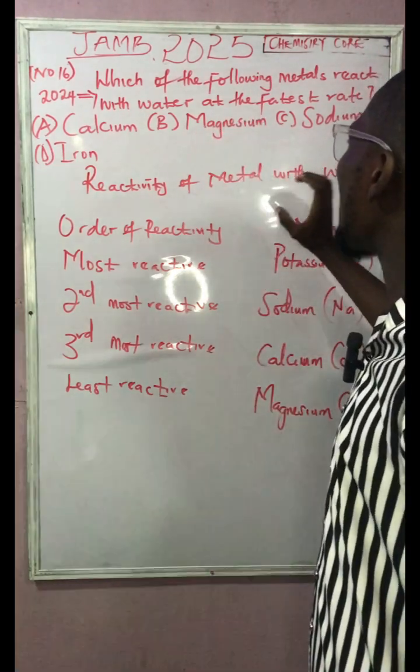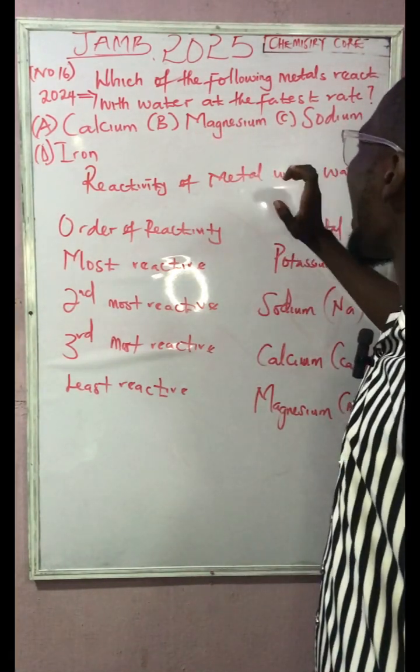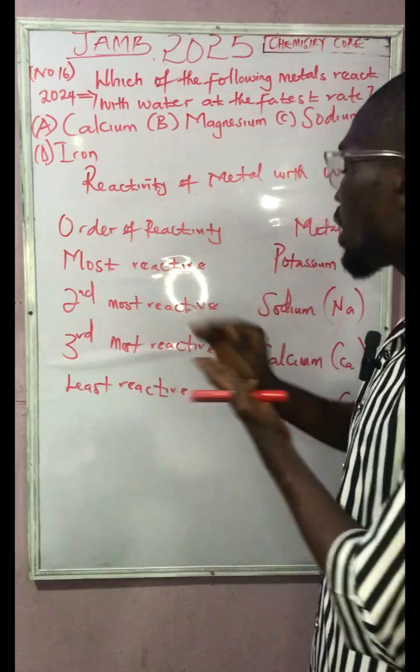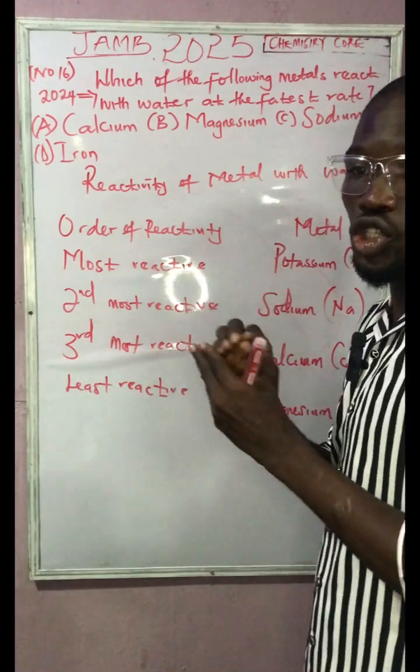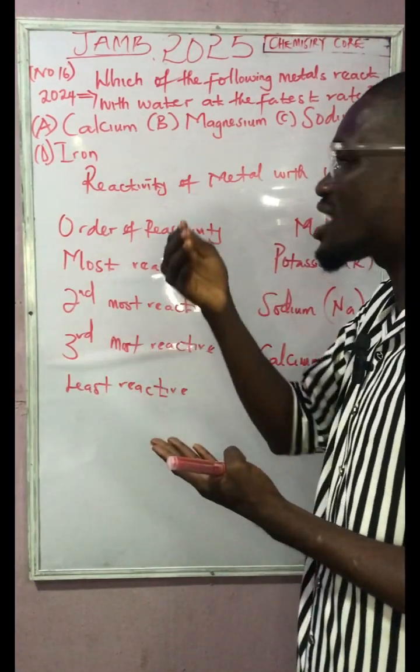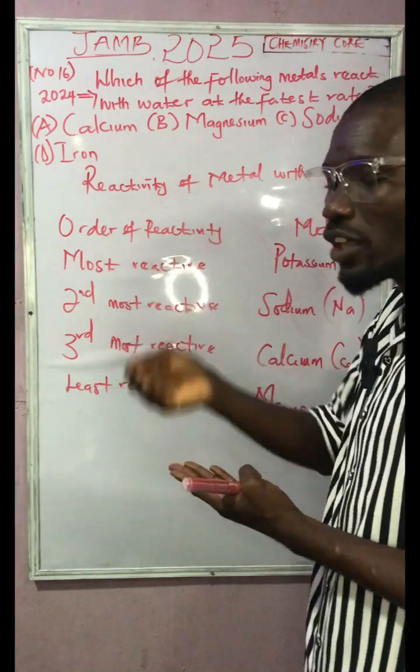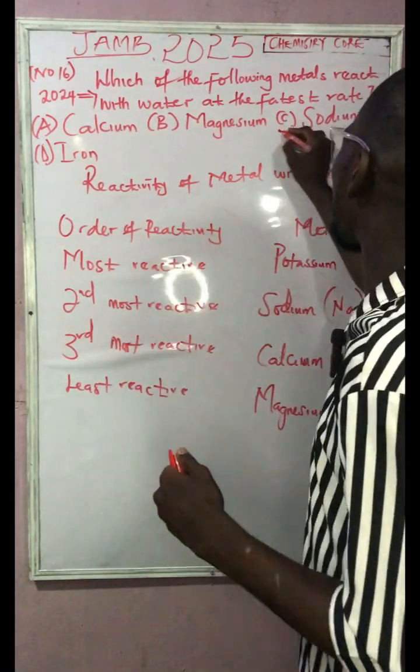So guys, when picking your answer in Jamb, read your question in the space of some seconds, and look at the question very well before you pick your answer. So guys, the correct answer is sodium.